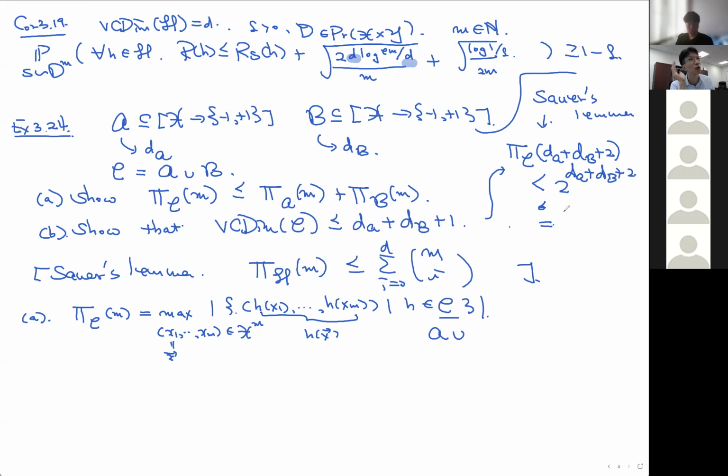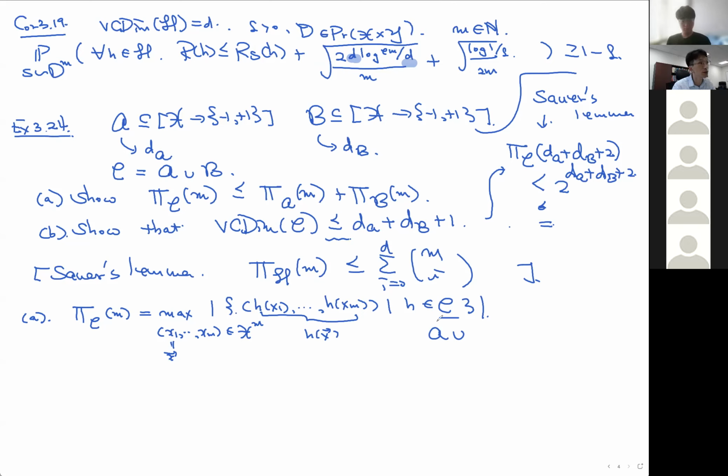When we go right over the VC dimension, the exponential function and the growth function start to deviate. Because we are using this less than or equal, that's why we have this number.